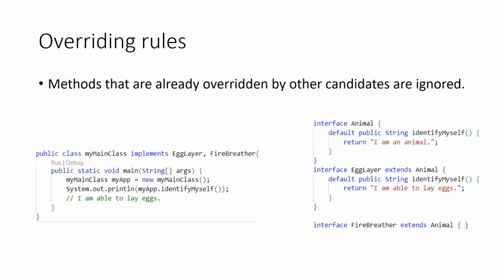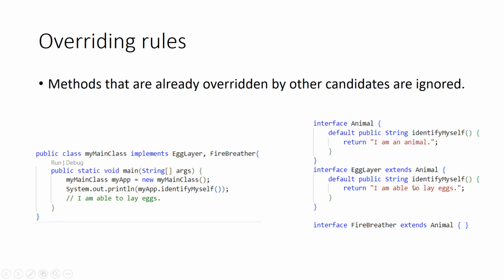Another thing is that if you have a class that implements a couple of interfaces, and one interface provides some implementation of your method while another interface does not, the method that provides some implementation will be preferred over the one that doesn't. So we have the fire breather interface that does basically nothing, and then we have the egg-layer interface that has some default implementation of identify myself.